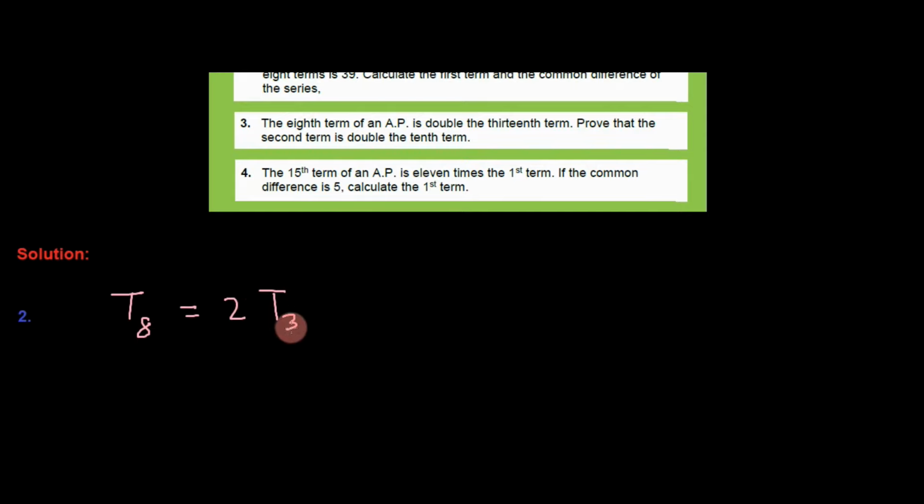And then converting this equation and writing it in terms of a and d, the left-hand side will be a plus 7d. This is twice a plus 2d, in other words, T3.